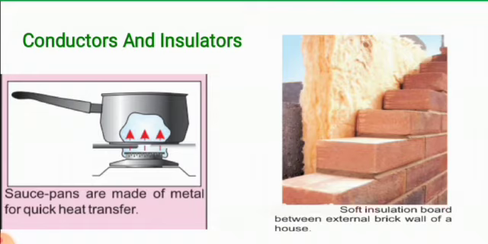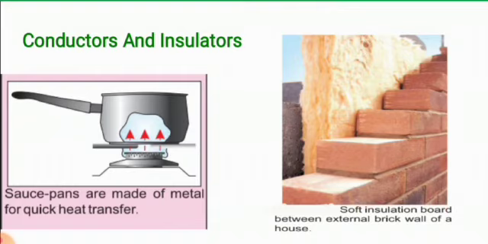So any material that can conduct electricity is known as conductor, such as copper metal, aluminium metal, or you can say that all of the metals are good conductors of electricity because these metals have free electrons through which heat can be transmitted or transferred from one point to another point.